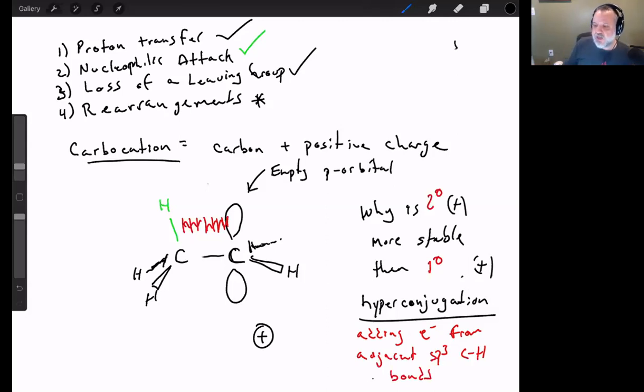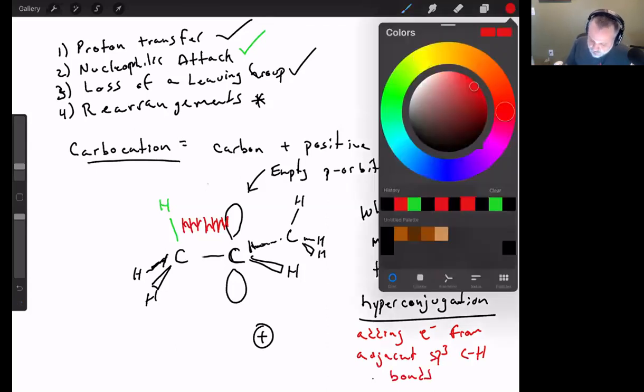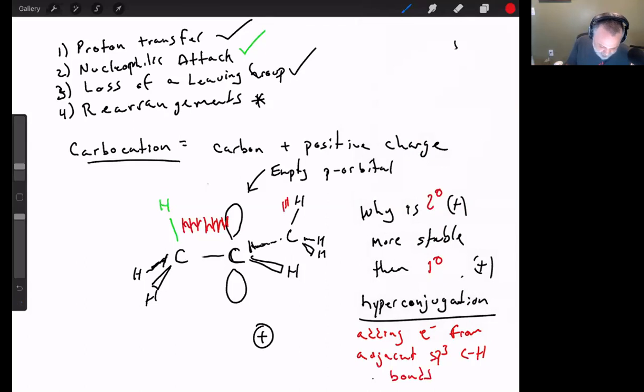And so when we think about why a secondary would be more stable than a primary, we would replace that hydrogen with yet another CH3 group. And that means that there is now more opportunity for an adjacent sp3 hybridized bond to donate electron density back to that empty p orbital. The same thing would happen if I were to talk about why a tertiary is more stable than a secondary.